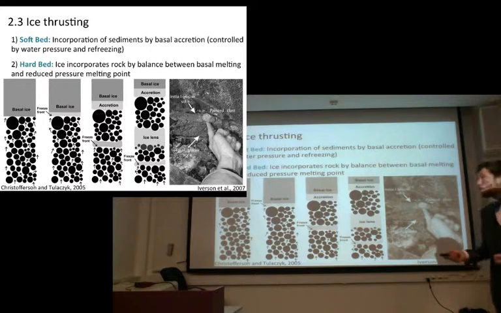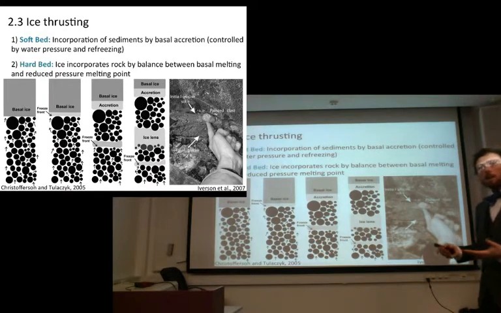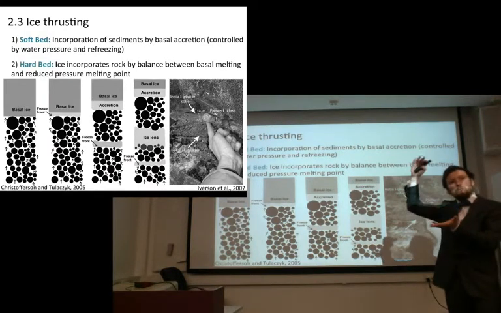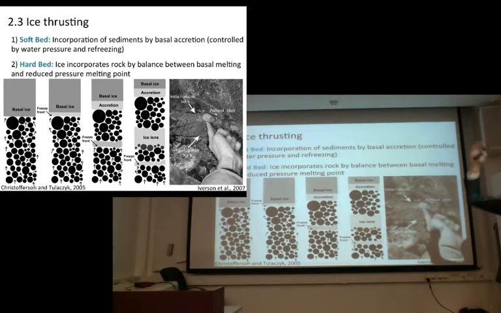Another important part: it's true for hard bed and soft bed, but it's more important for soft bed. So we look at the interface between the rock and the ice on top. But sometimes between the ice and the bedrock, you have big, thick sediments, and glaciers can erode them.